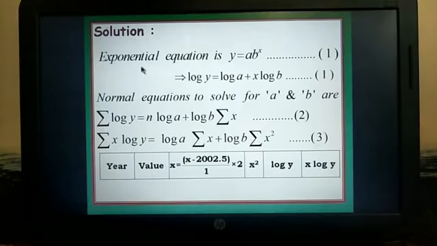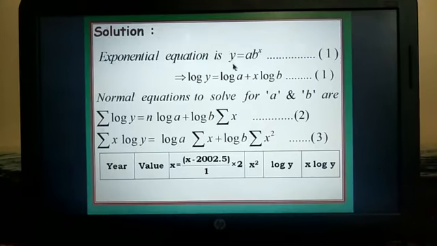Solution. We know the exponential equation is y = ab^x. It was already given in the question itself. Sometimes it will not be given, as in fit an exponential equation of the form what, so we should remember that the exponential equation is y = ab^x.